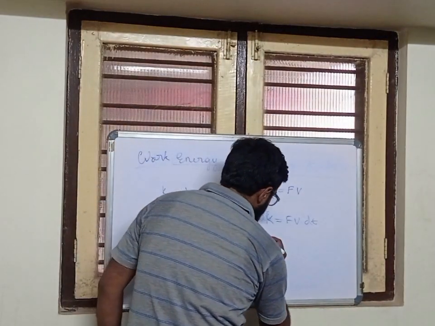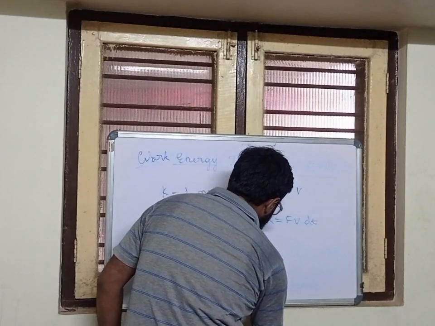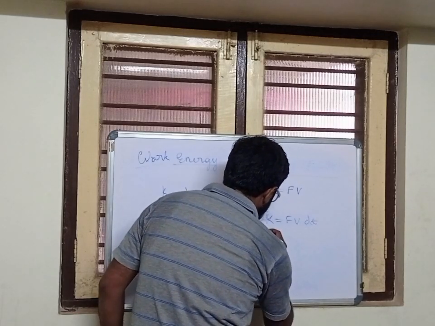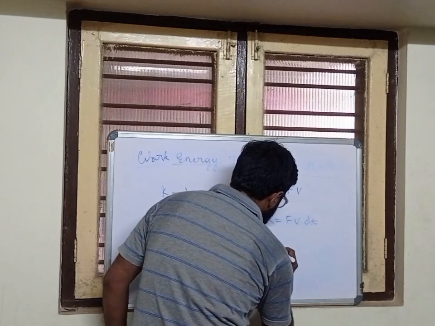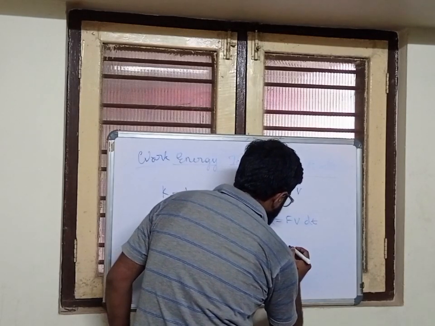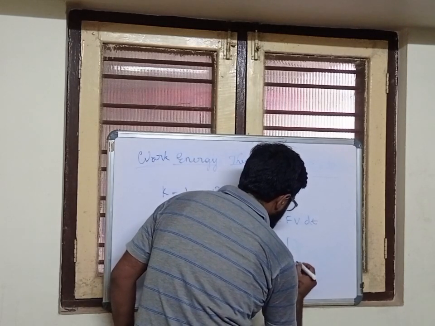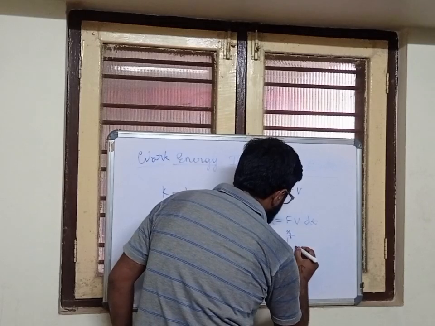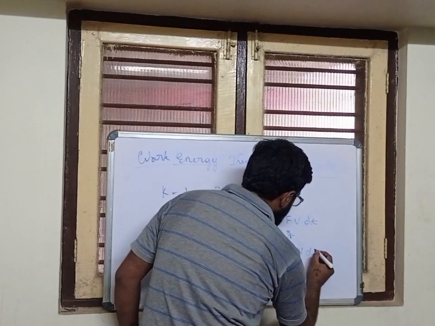So we integrate it from xi to xf, Ki to Kf of dK, equal to xi to xf of F into v dt.